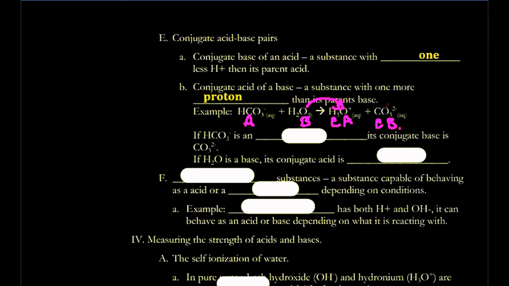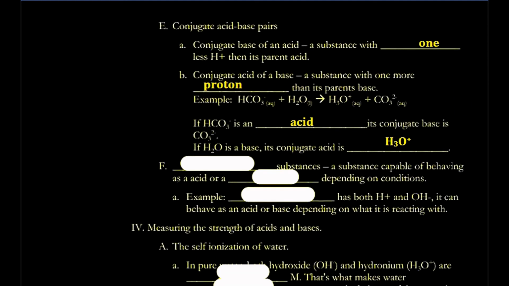This HCO3 will lose a proton to look like carbonate, which would make this an acid, and this a conjugate base. So, if HCO3 is an acid, its conjugate base is going to be CO3 minus. If H2O is a base, its conjugate acid would be the H3O plus, the hydronium.